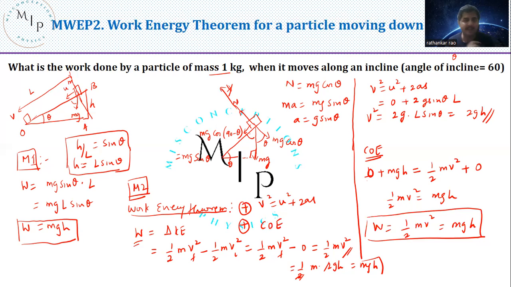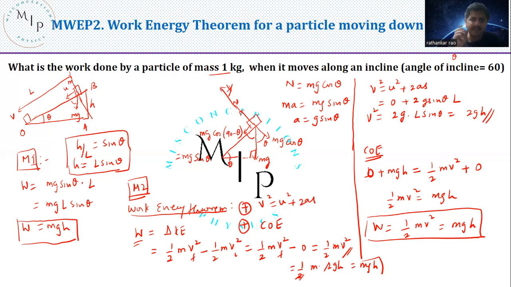See how nicely energy can be used to prove certain things. You can do it by both the methods. But one advantage of doing it with energy is that it becomes easier for you. The only thing is, you are dealing with scalars over here, but when you are looking at this, you're dealing with vectors over there. You have to be careful.